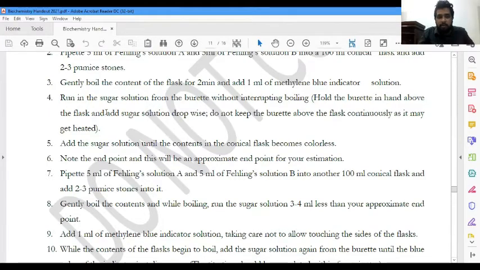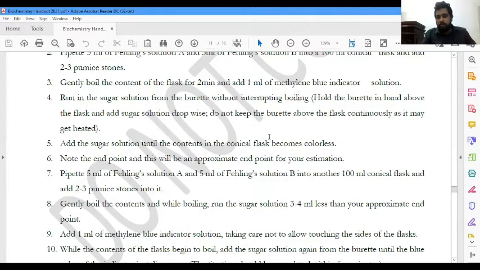Hold the burette in hand above the flask and add sugar solution dropwise. Do not keep the burette above the flask continuously as it may get heated. In this titration, we have to take the sugar solution into the burette.